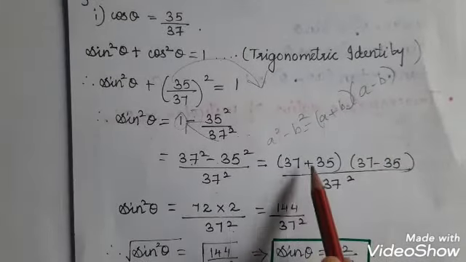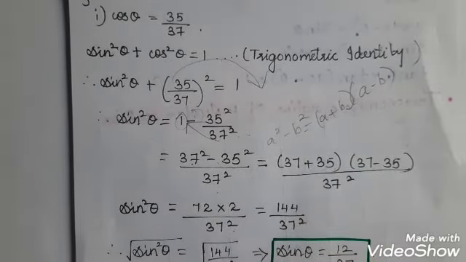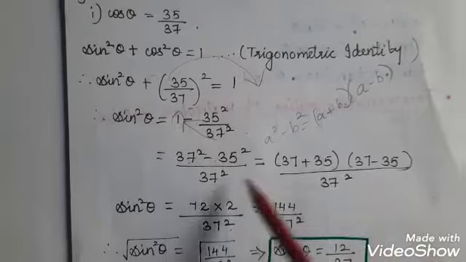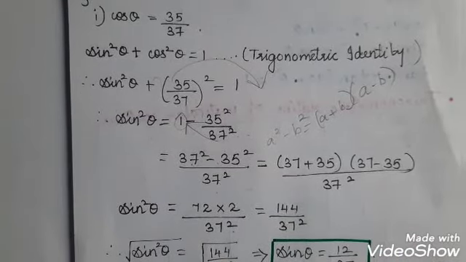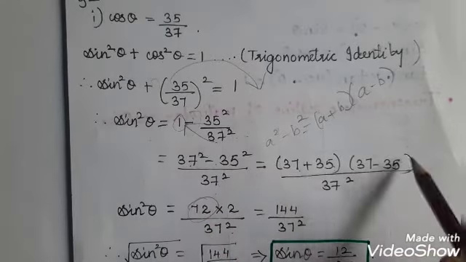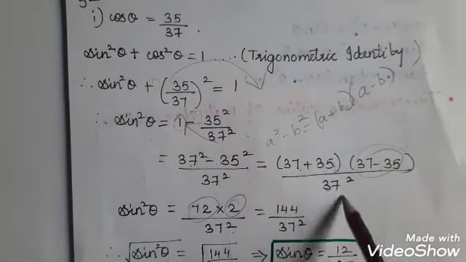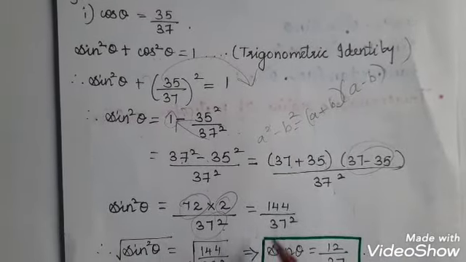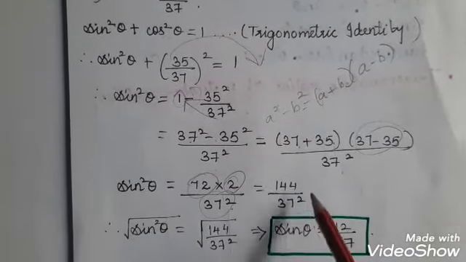So that becomes 37 plus 35, and next is 37 minus 35, the whole upon 37 square. So you add 35 plus 37, 72, you subtract this is 2, and 37 square I have kept as it is. So which is equals to 144 upon 37 square.